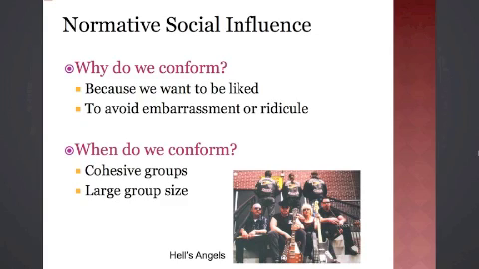So members really want to be a part of the group. In that case, normative social influence might be quite high. Also, in really large groups, we see normative social influence because it gets harder to know if you're a part of the group or not when groups are very, very big. So we need to conform and really show that we are a part of the group. So you'll see that kind of conformity.